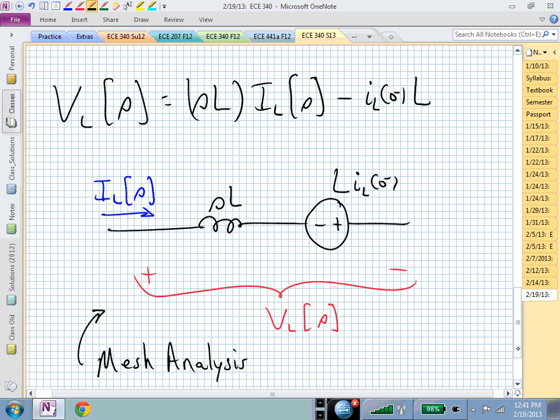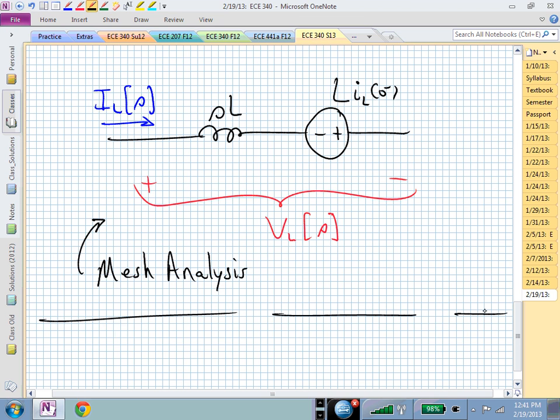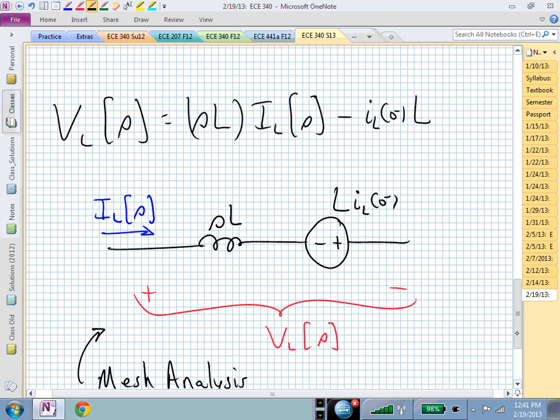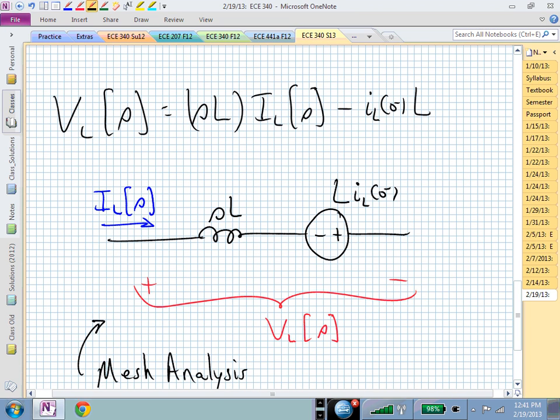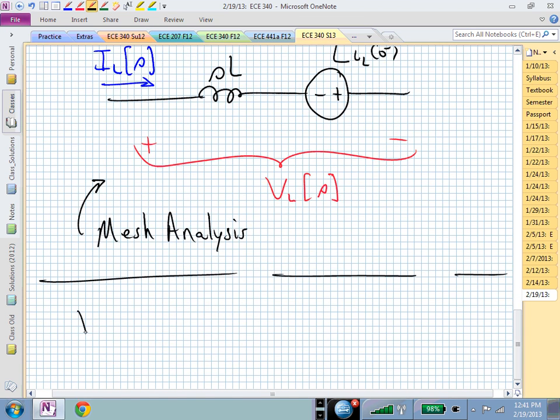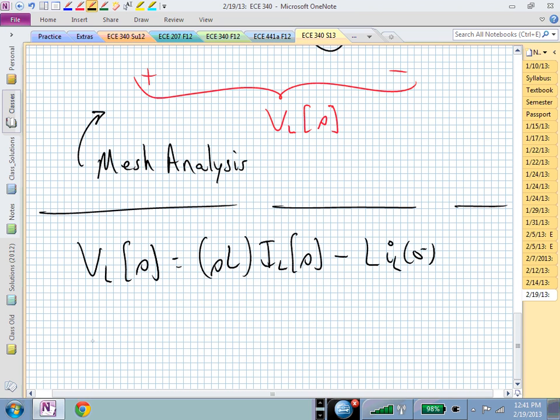What if we wanted to actually do nodal analysis? Then what we can do is start with this same equation, but now let's isolate the current, I sub L, and just describe the relationship between the inductor current and the two terms that are left over. If we now solve this, V sub L of S equaling SL times I sub L of S minus L I sub L of 0 minus.